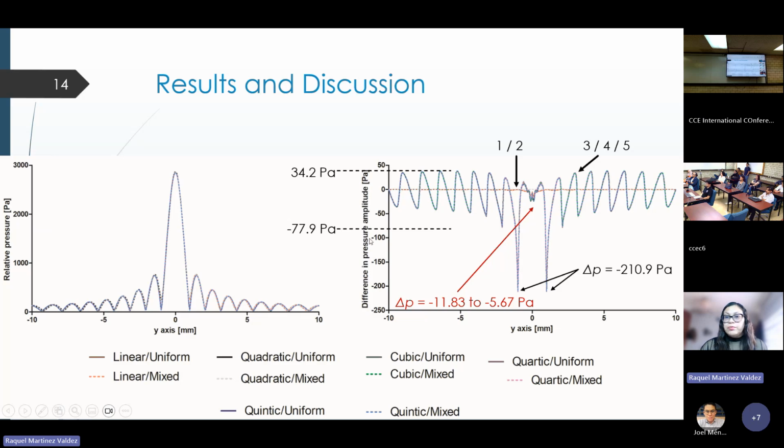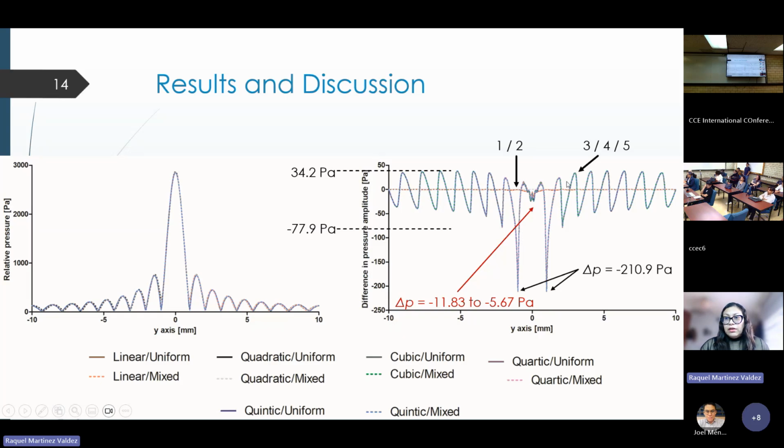By taking the difference in pressure amplitude, using as reference the quadratic uniform solution, these 2 points have the maximum pressure difference close to 211 PAs and are located around the limits of the main lobe.